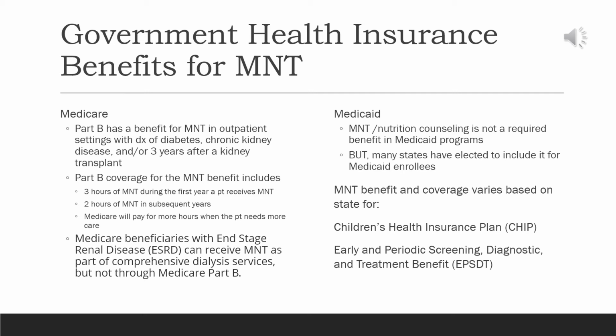The Part B coverage for the MNT benefit includes 3 hours of MNT during the first year a patient receives MNT, 2 hours of MNT in subsequent years, and then Medicare will pay for more hours when the patient needs more care. And so this is really dependent on several other factors, and we'll get into that later.